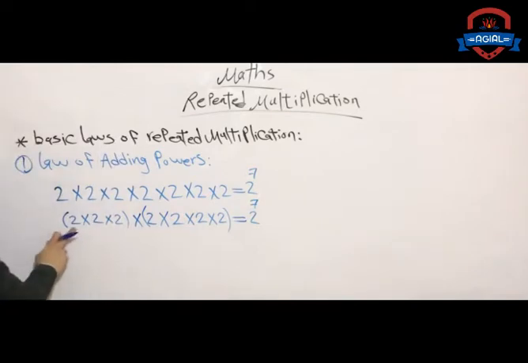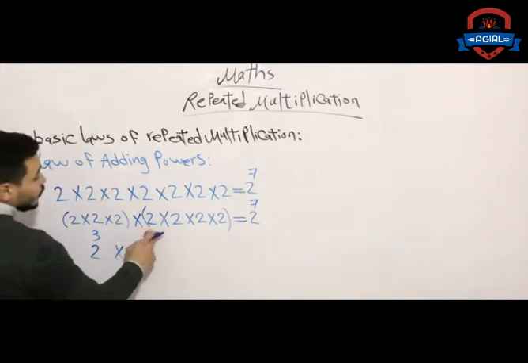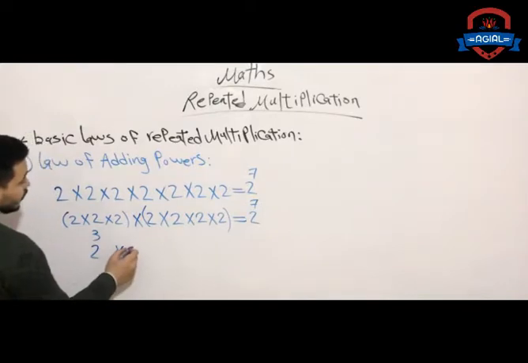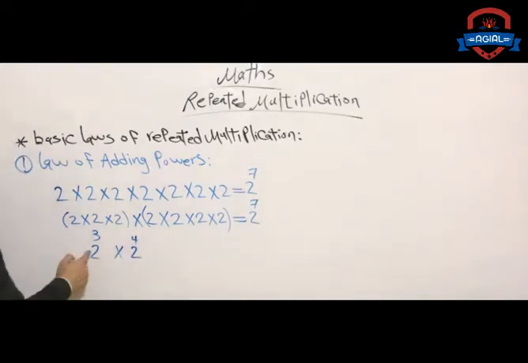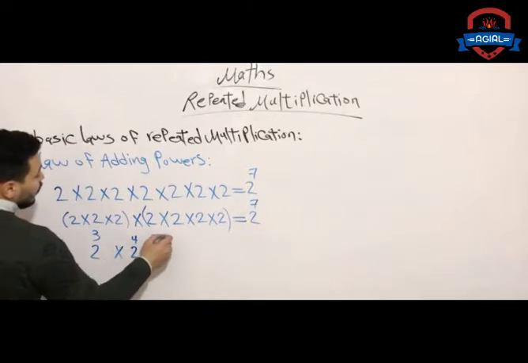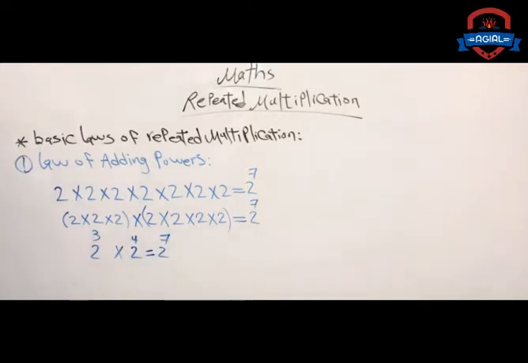And we know that 2 times 2 times 2 equals 2 to the power of 3, and 2 times 2 times 2 times 2 equals 2 to the power of 4. And 2 to the power of 3 times 2 to the power of 4 equals 2 to the power of 7.